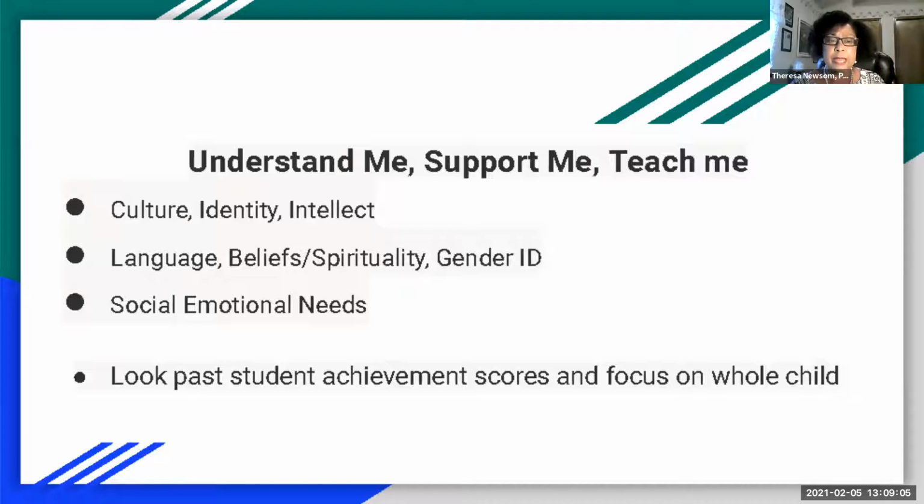I try to understand their culture and their values so that I can find those students, test those students, and enhance where they are. I'm thinking about their identity and intellect. I'm also looking at their language, their beliefs, their spirituality, their gender ID. Those are things that we sometimes don't think about when we're looking for students to identify.